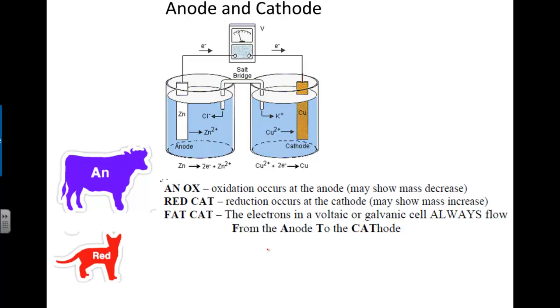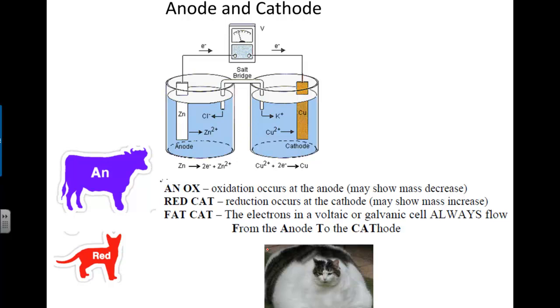Red for reduction, cat for cathode. And you can also think overall of Fat Cat, where the electrons in the voltaic galvanic cell flow from anode to cathode, or fat cat, from anode to cathode. Hopefully those will help you remember.